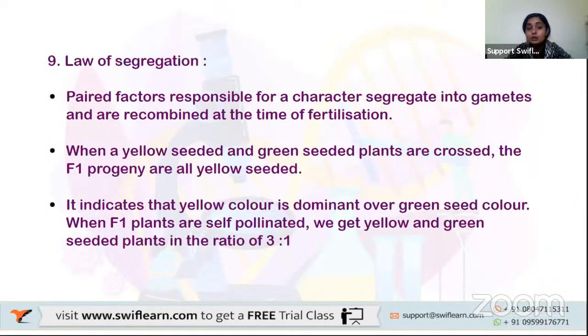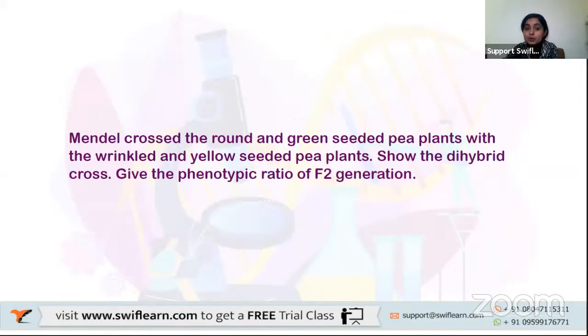The last one, the law of segregation: paired factors responsible for a character segregate into gametes and are recombined at the time of fertilization. When a yellow seeded and a green seeded plant are crossed, the F1 progeny are yellow seeded, right? Because that is the more dominant one. It indicates that yellow is dominant over green seed color. When F1 plants are self-pollinated, we get yellow and green seeded plants in the ratio of 3:1.